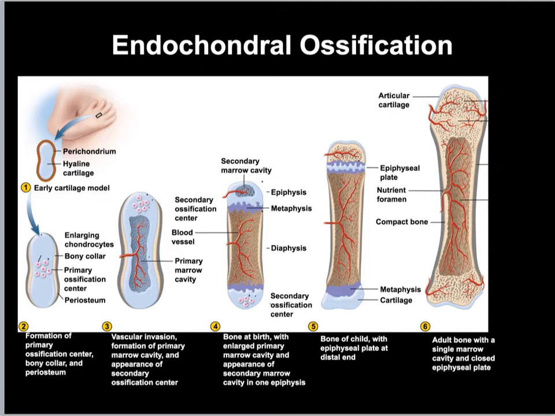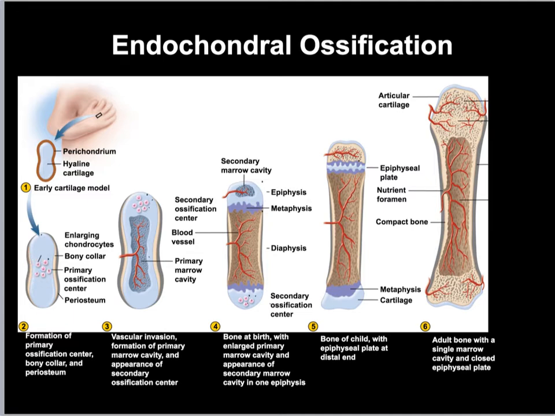Second thing that happens is that some of these hyaline cartilage cells in here become what's called the primary ossification center. And basically they die, and their lacuna are sort of replaced by osteoblasts, and the osteoblasts move in and start laying down bone tissue into this ossification center.